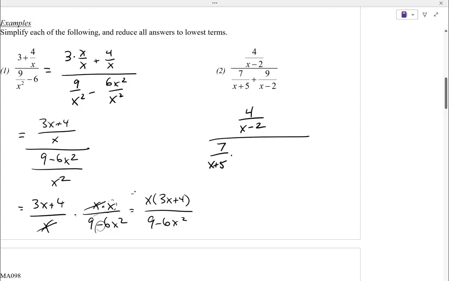And why do we multiply by x minus 2? Yeah, we need a common denominator, and the second fraction has an x minus 2 in it, doesn't it? What do we need to multiply the second fraction by? x plus 5. And again, the reason why we multiply x plus 5 in the second fraction is because the first fraction has an x plus 5 in it, right? To get a common denominator, whatever one fraction has, the other fraction has to have.